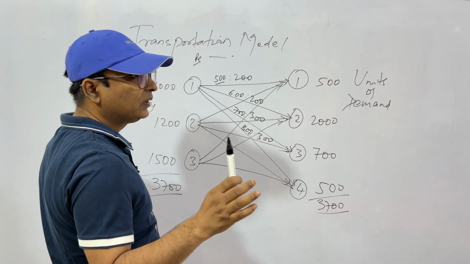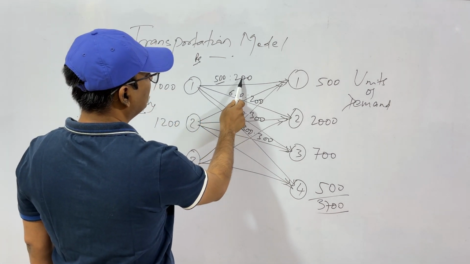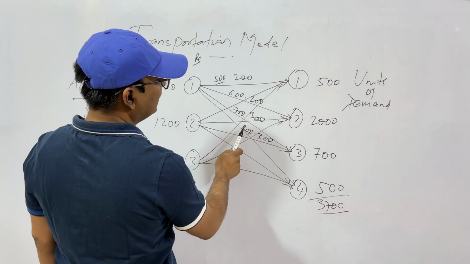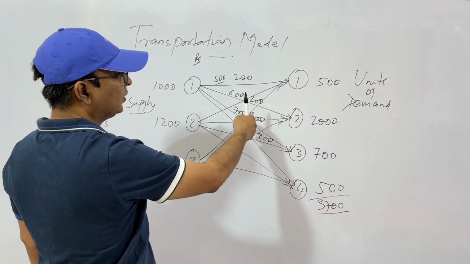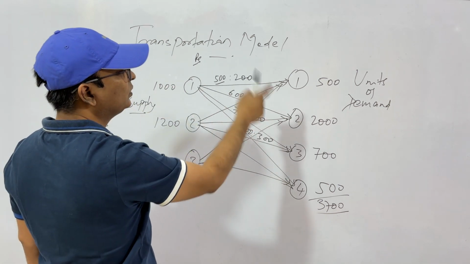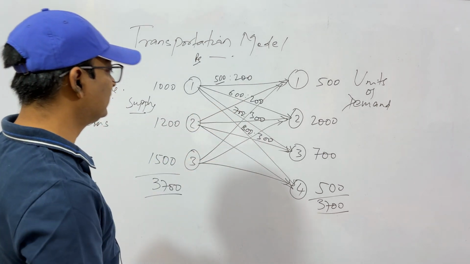Transportation cost is involved, that is if you try to find out, this will be 500 into 200 plus 600 into 200 plus 700 into 300 and 800 into 300. So if you add them all, that will be the cost associated with transportation of these 1000 items to these four consuming units. Similarly we can calculate for 2 and 3.